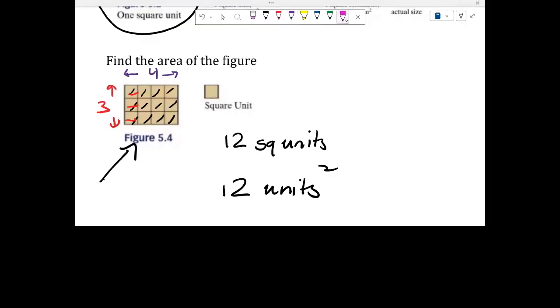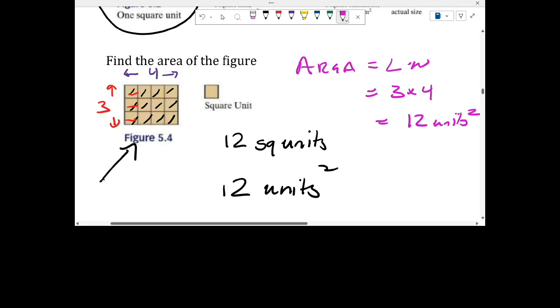Then all we got to do to find our area, y'all, is take the length times the width. Take one side, 3, times the other side, 4, and that gives us our 12 units squared, okay?